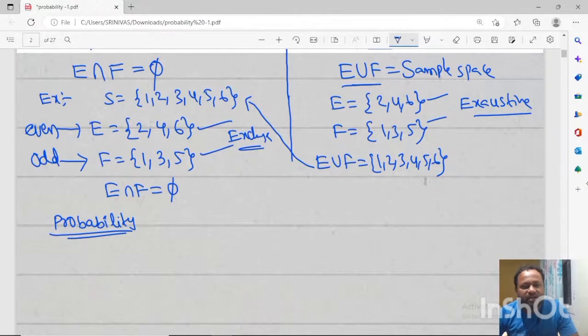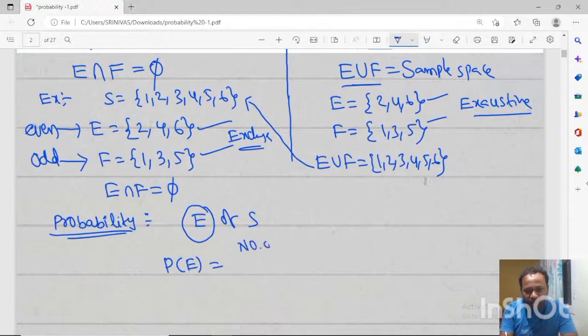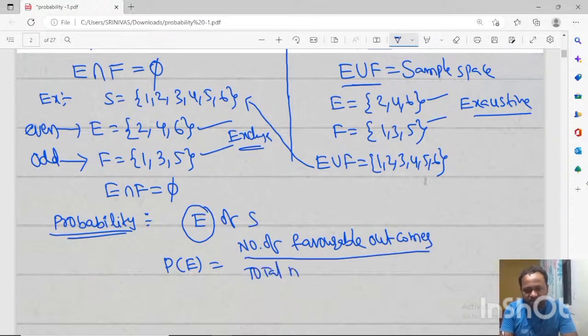Probability is nothing but, if there are equally likely events of a sample space S, equally likely means same probability should be there, then the probability of E is nothing but number of favorable outcomes upon total number of outcomes.